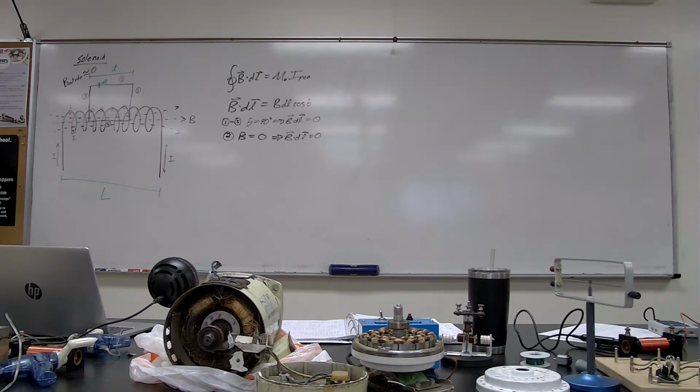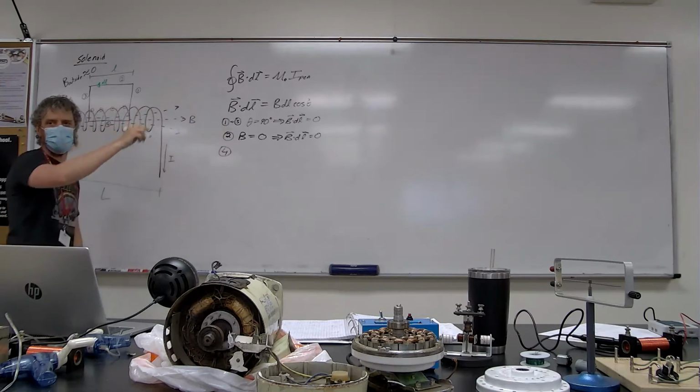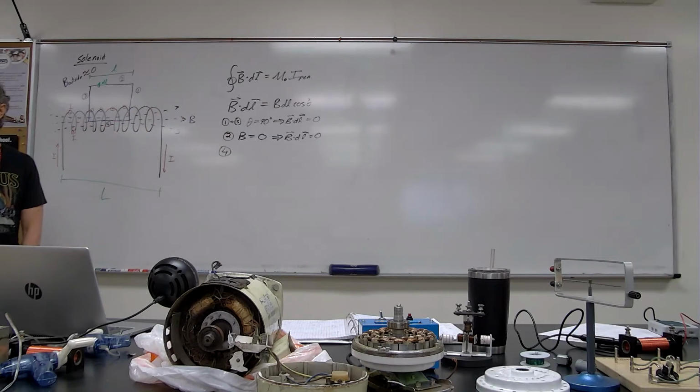But notice the smaller the radius of our solenoid, the more it will be close to 0, because this point right here is closer to the current coming out of the board than it is the current going into the board. And so there is a difference in magnetic field there. But again, as I'll show you in a minute, it's not that different. So really all we care about is segment number 4. That's really the only thing that's going to factor into Ampere's law in this case.